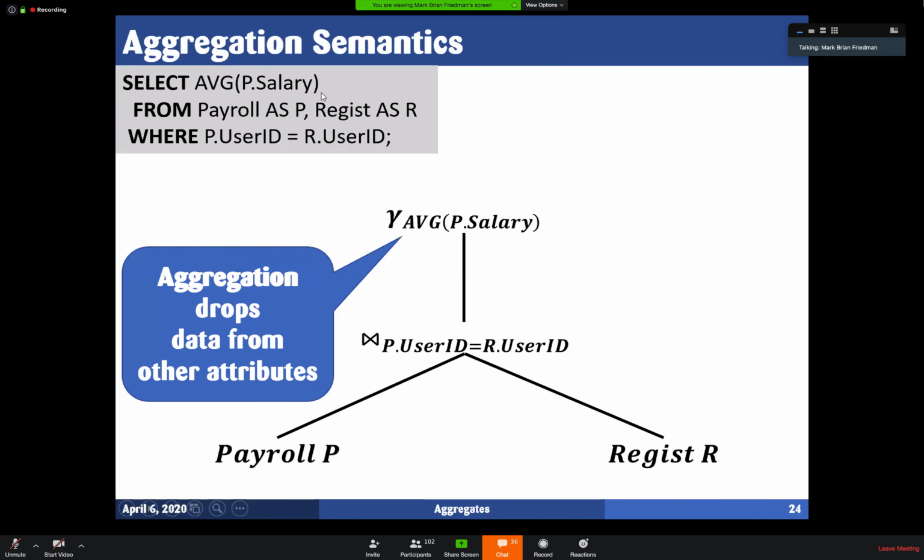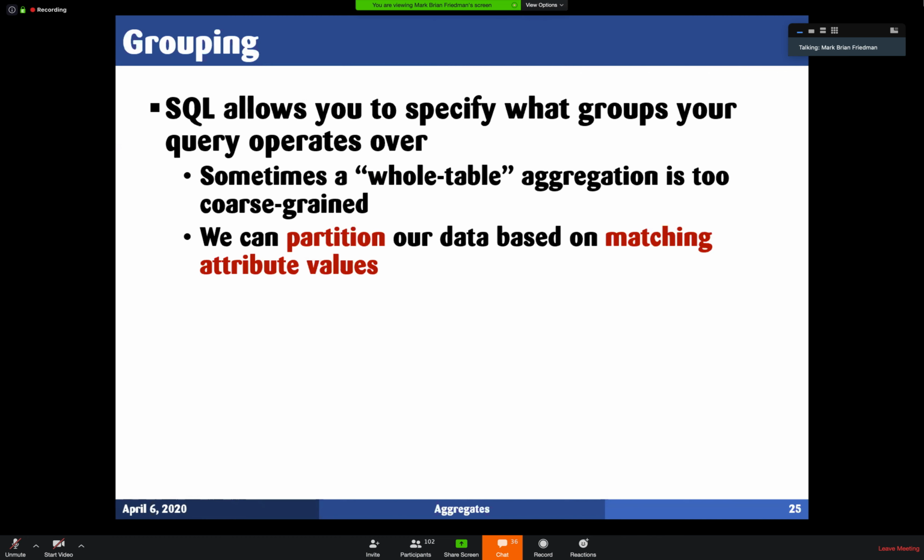But more likely, you're going to aggregate over certain kinds of groupings. Let's look at a grouping that would be quite popular in this case, which would be grouping by job. I want to know not only what the average salary is, but also the average salary perhaps by job, which would otherwise take separate queries.